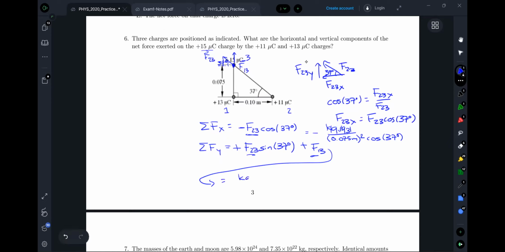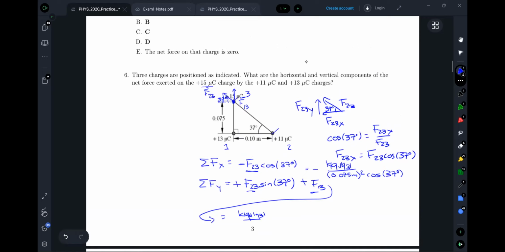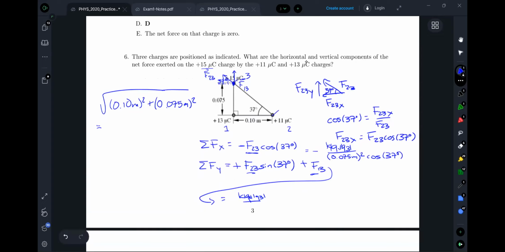This is K Q2 magnitude, Q3 over this other distance, which we were not given, so we've got to find that real quick. It's a right triangle, so that would be our other two sides squared and added. Can someone put that in for me? Find what that distance is.